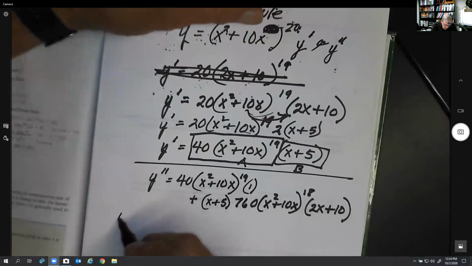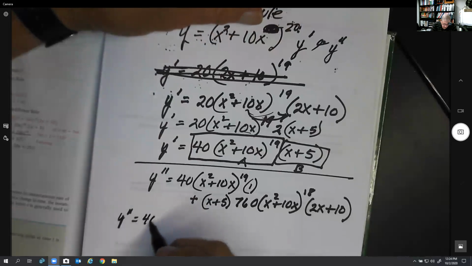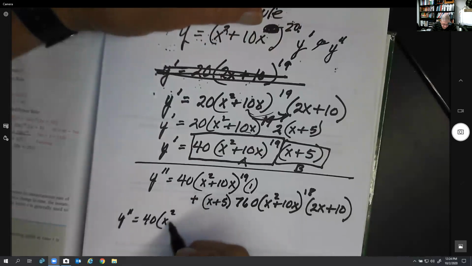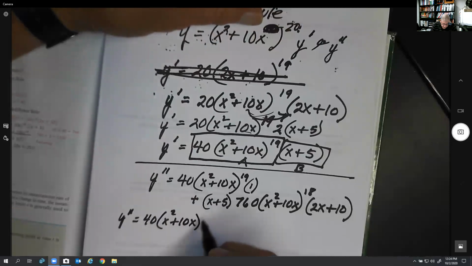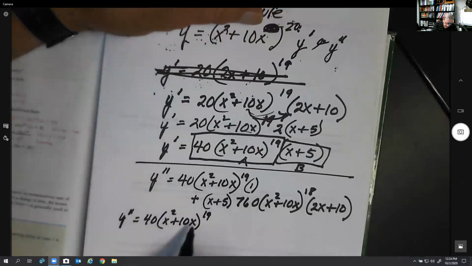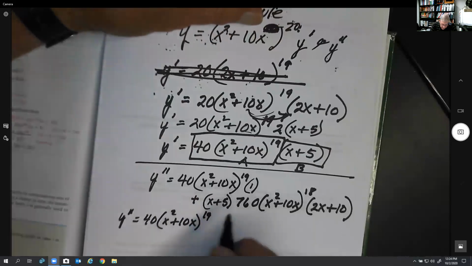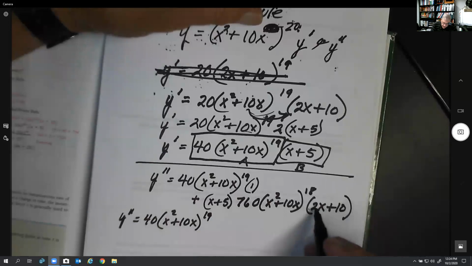So let's try that. They didn't do anything to the first one. Okay, you can't factor out an x because it's to the 19th power. But you can factor this out, and I'm going to write it here so I save a little bit of space. I'm going to take out the 2, and we get x plus 5.